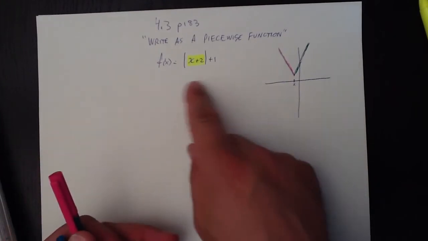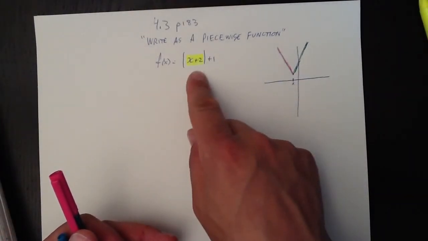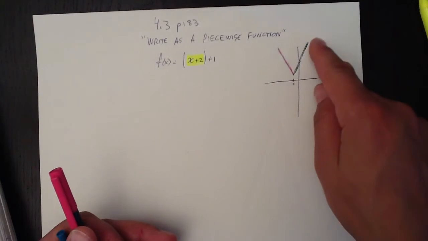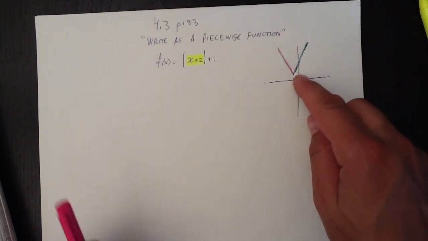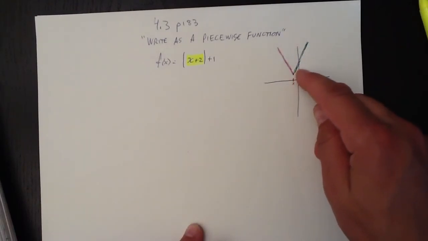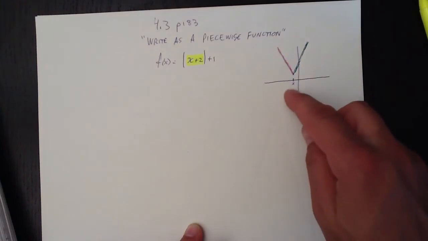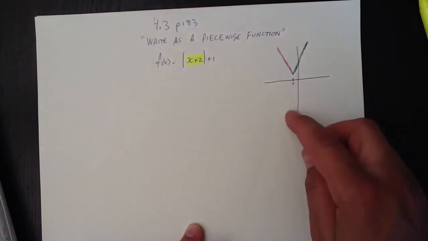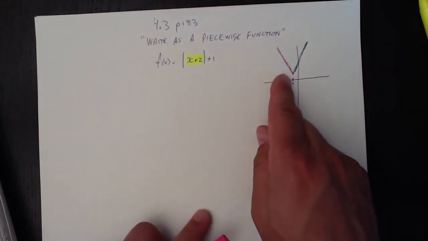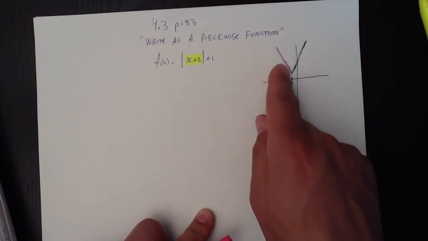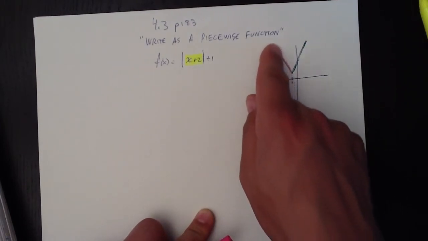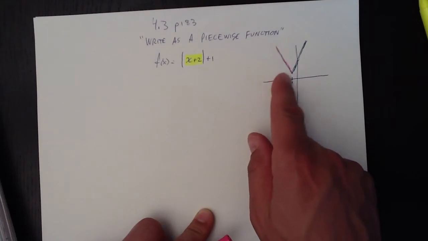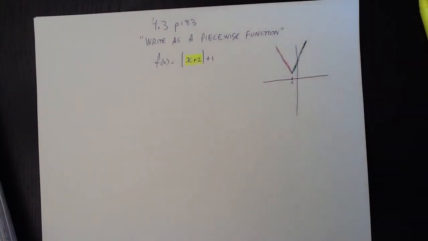So we'll write two separate functions that will look a lot like this, but one will be the green line, and we'll put a limitation on it that it's only the case when x is greater than some number here, which happens to be the x value of the vertex. And a different function that represents this line, which is only true when x is less than this value of x, which is the x value of the vertex.